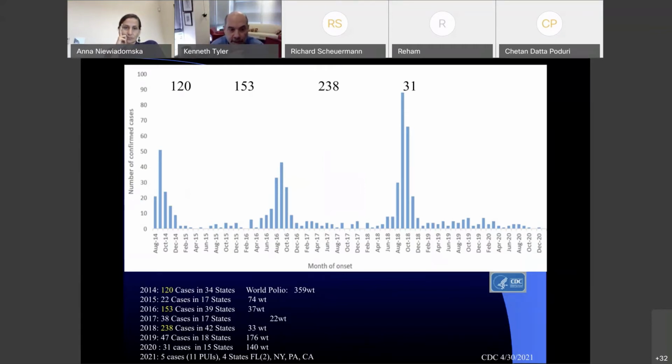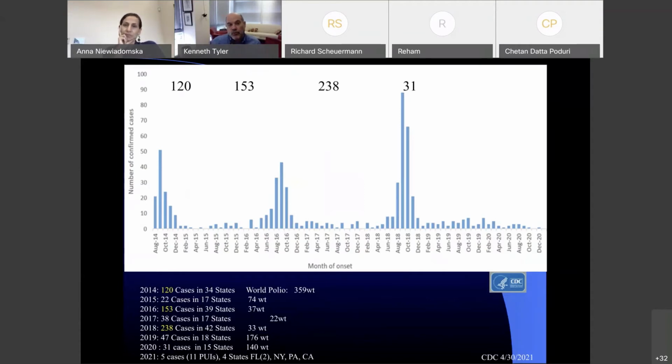One is that the outbreaks of AFM seem to occur in an every other year kind of model. I'm sorry that some of the numbers on the top are a little bit frame shifted there, but in 2014, there were 120 documented, confirmed cases, quiet in 2015.